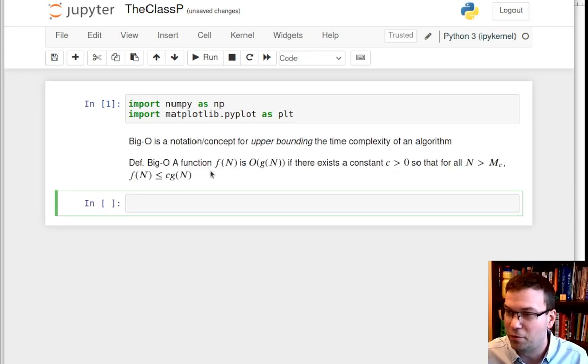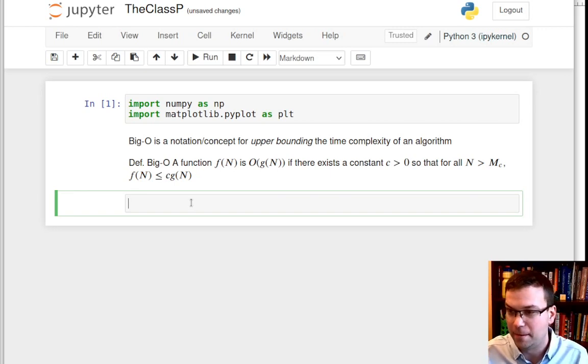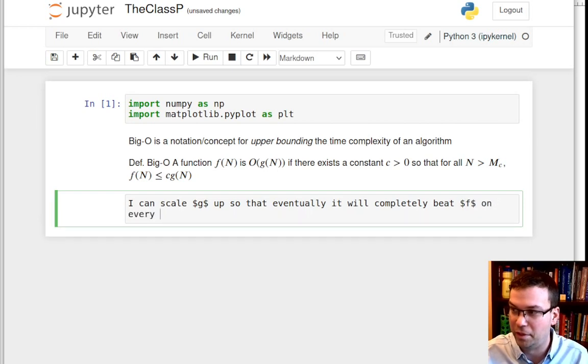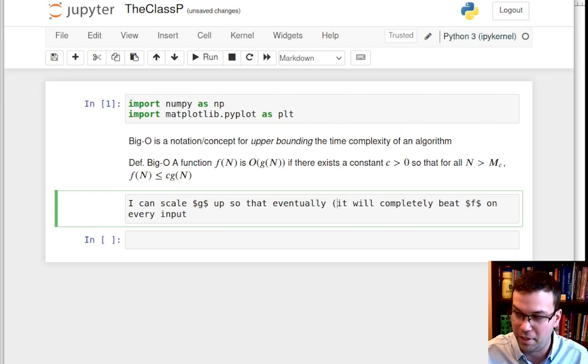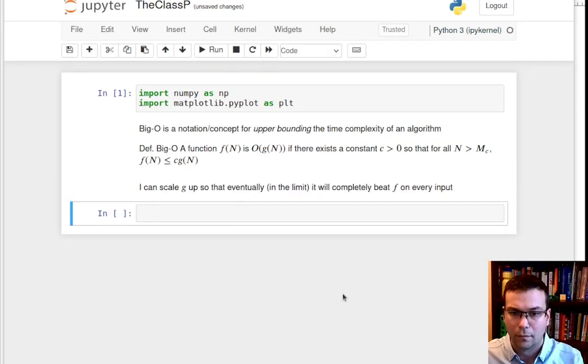This makes it sound harder than it is. Intuitively, what it's saying is I can scale g up so that eventually, in the limit, it will completely beat f on every input.